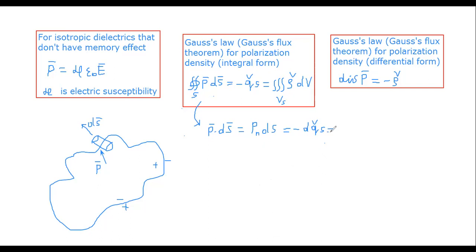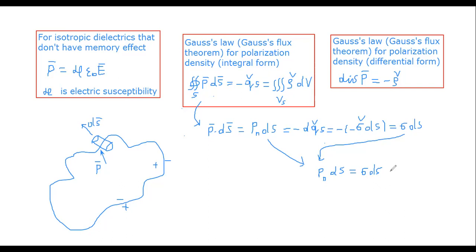So it can be written as minus sigma dS, where sigma is surface density of bound charges. So Pn dS is equal to sigma dS.